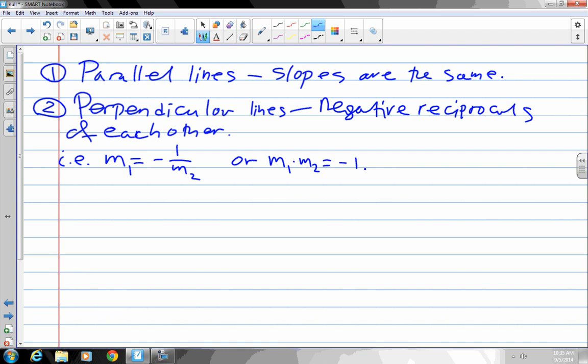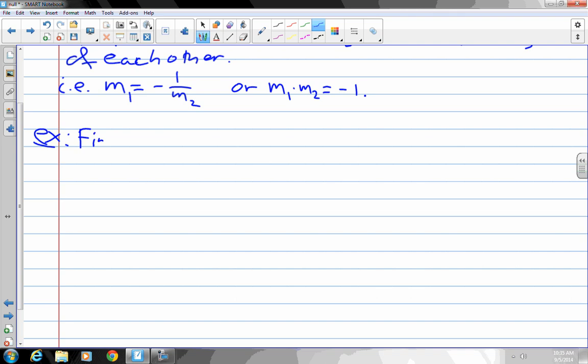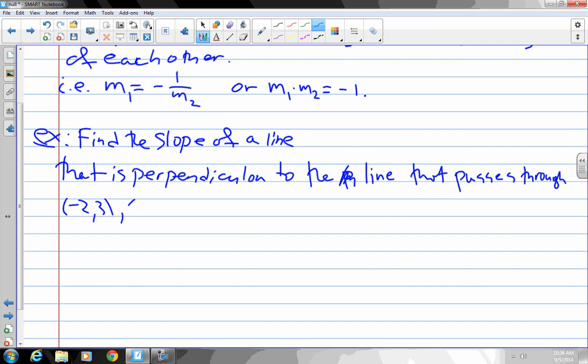So let's do this quick example. I want you to find the slope of a line that is perpendicular to the line that passes through -2, 3, and 1, 7.